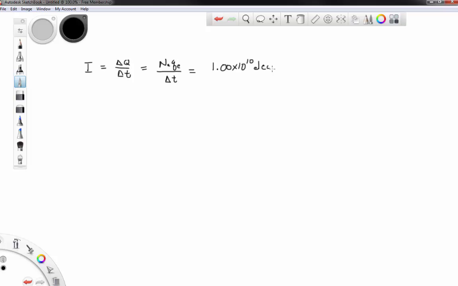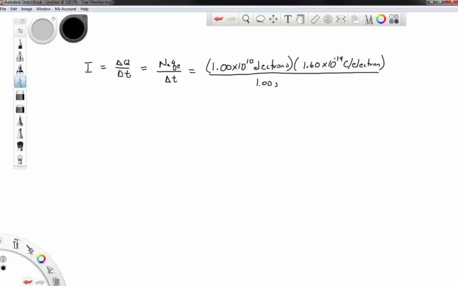So this is how many electrons there are, and then that's going to be times the charge of an electron. Again, we can drop the sign for this, so 1.60 times 10 to the minus 19 coulombs per electron, and then that is happening every second.